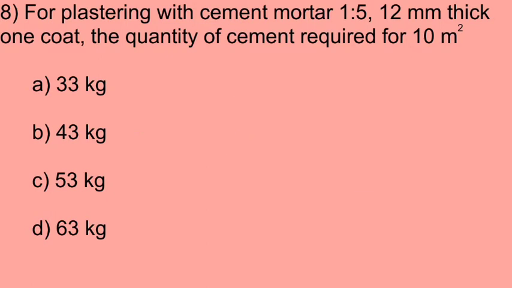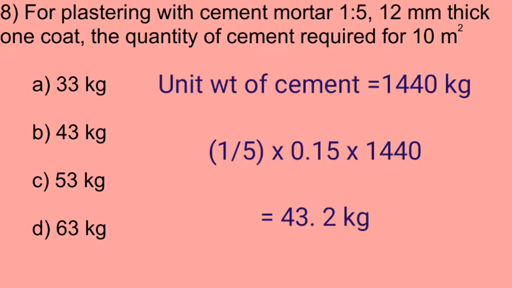So how to calculate here? The ratio is 1:5. 1 by 5 into 0.15 into the unit weight of cement 1440. So it will come as 43.2. So this is the answer, 43.2 kilogram.